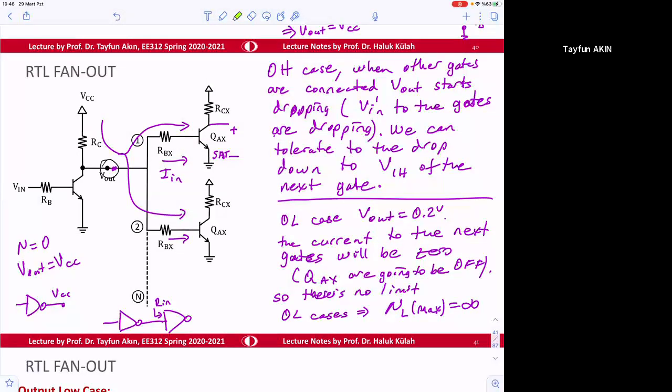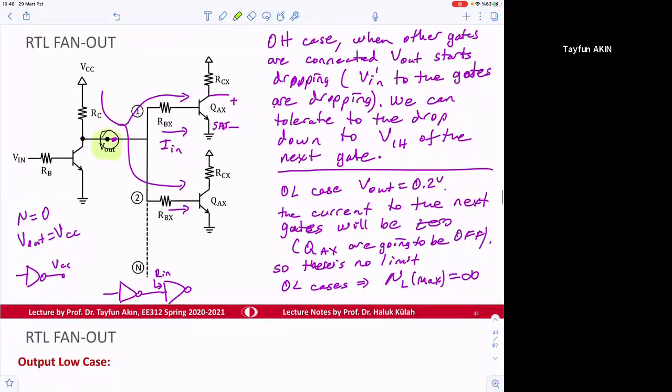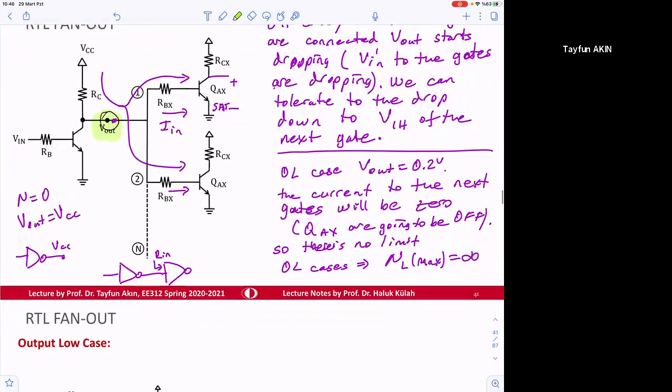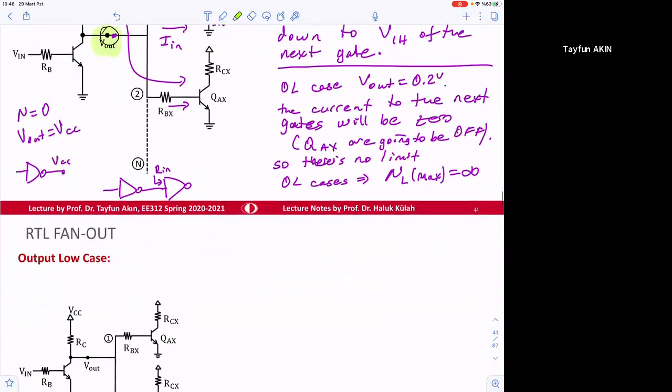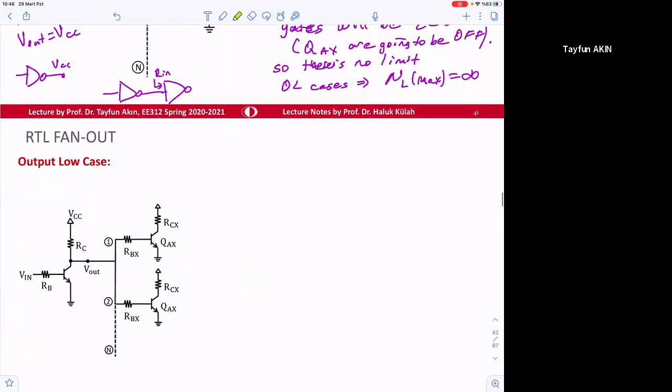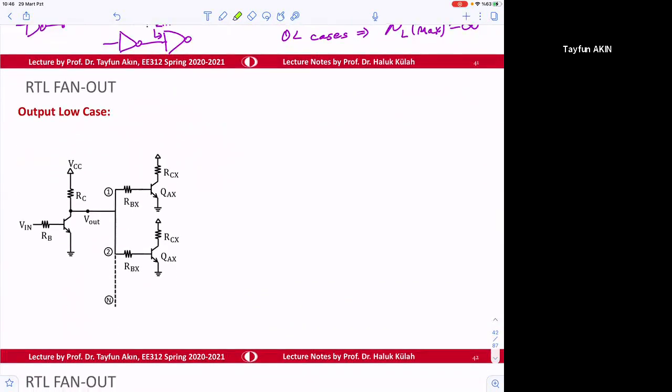So for this V output, for two cases we need to check how many we can connect, and the minimum will be the maximum we can connect. So the minimum of the two, output high and output low case, is going to be the maximum we can connect.